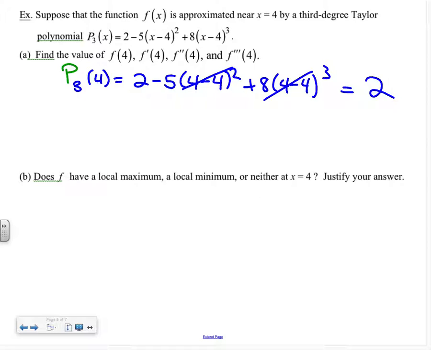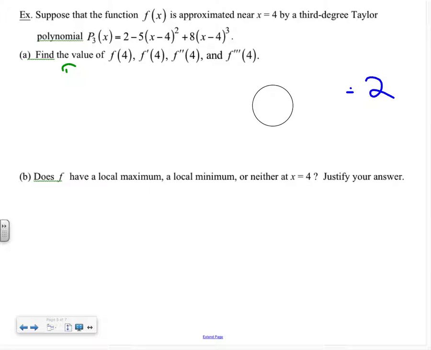They want me to find f prime of 4. I'm going to compare this with the definition. Let me rewrite this.